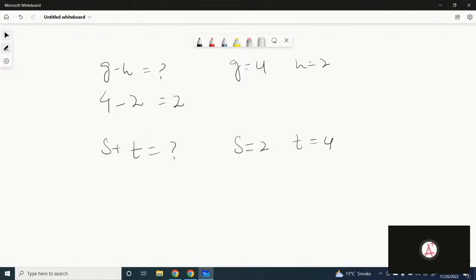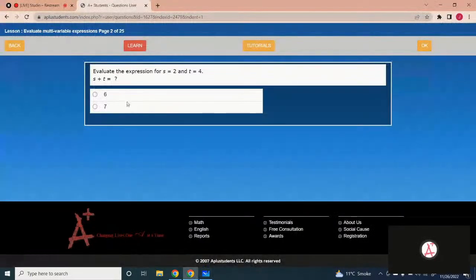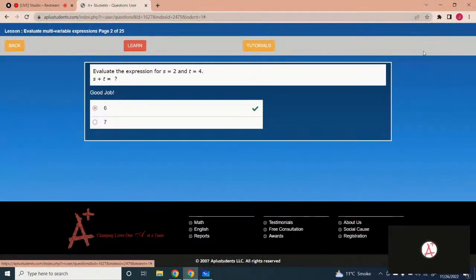So replace both variables with the values. Got it? S is 2, and t is 4, so it is 2 plus 4. Got it? So 2 plus 4 makes 6. Got it? Okay, the next one is, the correct option is 6. Just select the correct option and click on the OK button.